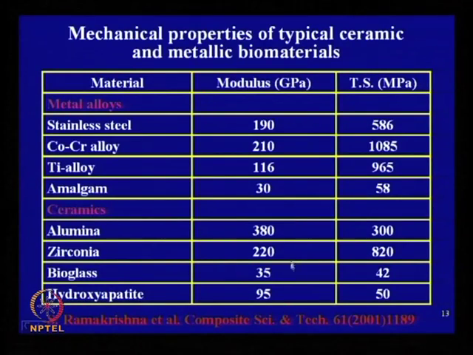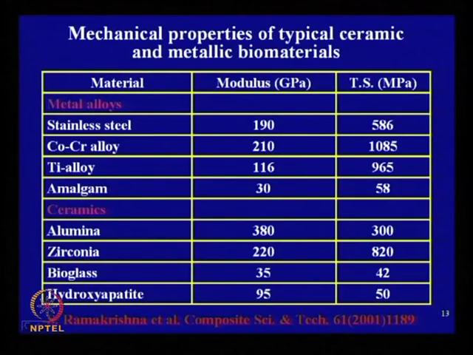Okay. You compare, metals are stronger, tensile strengths are higher in case of metals, and hydroxyapatite, you see hydroxyapatite, this is a bone mineral, but alumina, a very hard ceramic, alumina, zirconia, all the hard ceramics, their properties are higher than those of hydroxyapatite.